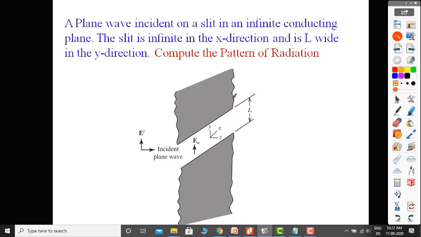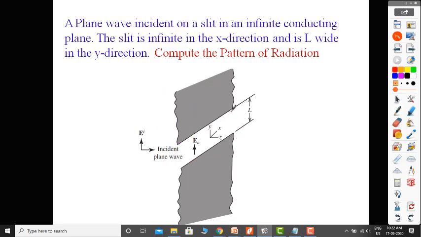Along the x-axis, the plate extends to infinity, and along the minus x-axis it extends to minus infinity. Similarly, the plate extends infinitely along plus and minus y-axis. Therefore, there is an infinite conducting plane on which we have made a slit.